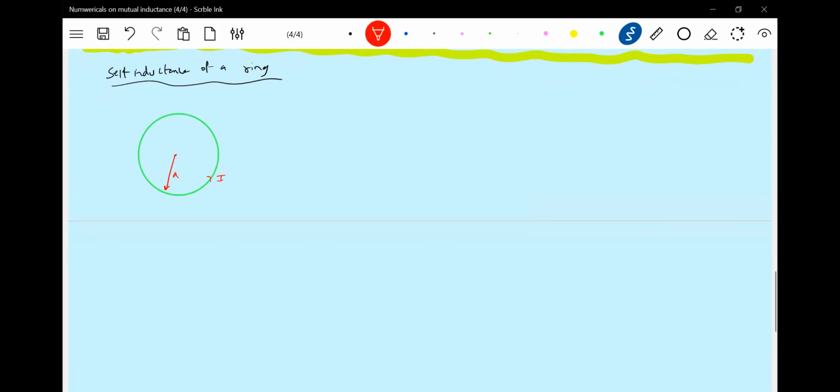Then let N be the number of turns. Then what is the magnetic field at the center of the ring? It is given by mu naught N i by 2a. This is the magnetic field. What about the flux linking it? N turns are there, no? So N into B into pi a square.